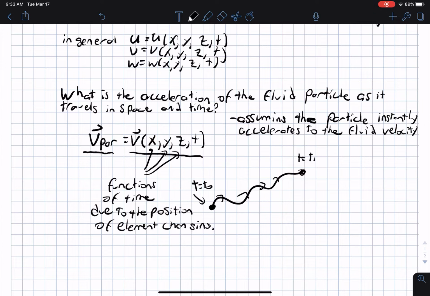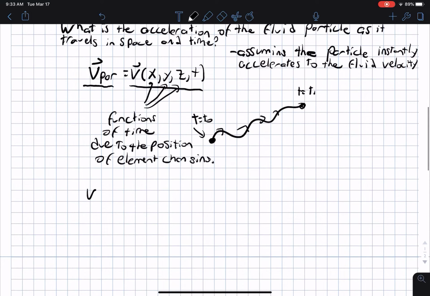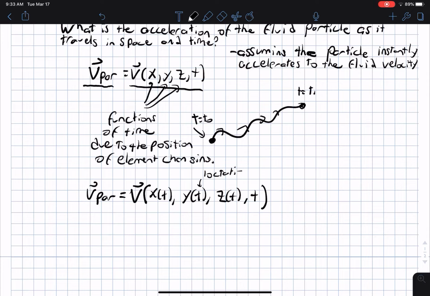Okay, so the velocity of the particle is more properly written as v of x of t, y of t, z of t, and time itself. And of course, this time here accounts for the location of the particle at time t.